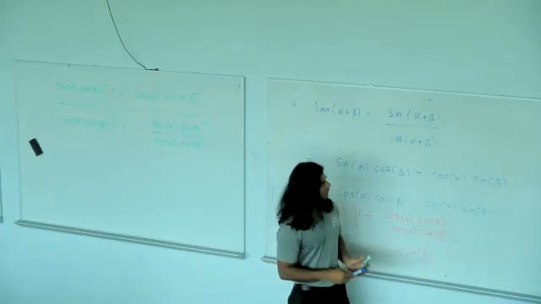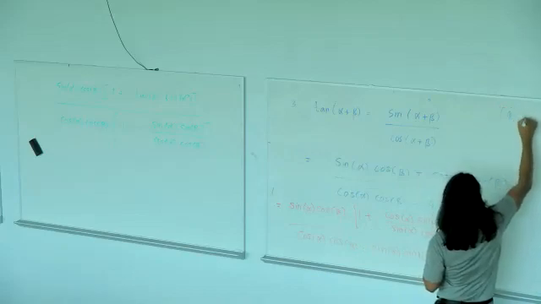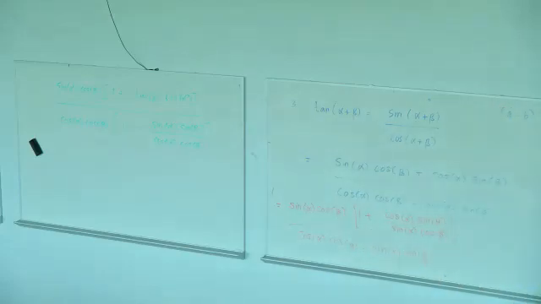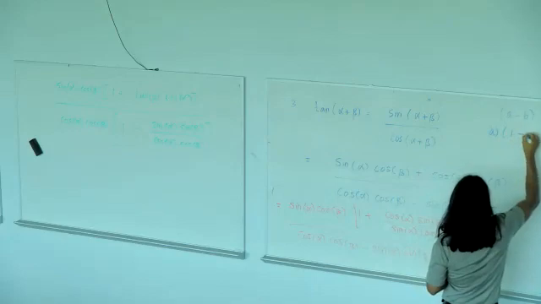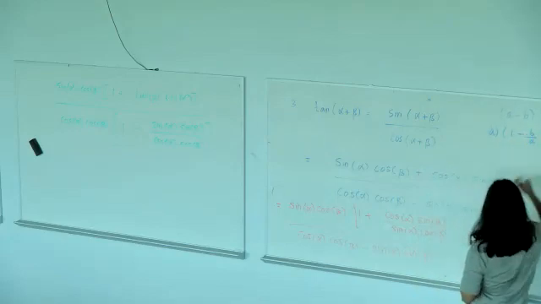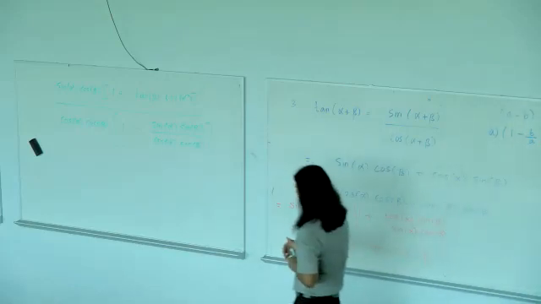If you find this too complicated, this is all I did: I have a minus b, I pulled a out, so a times 1 minus b over a. If you distribute a back in, you get a minus b. That's all I did, in both the numerator and the denominator.